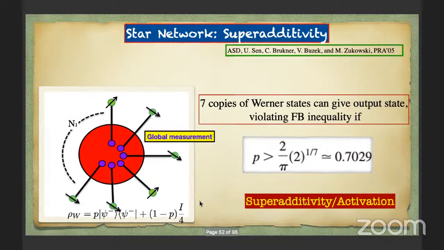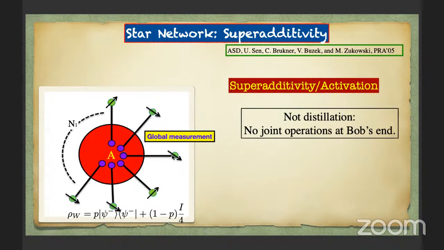This phenomenon we call superadditivity, or activation, in this paper. As I said, this is different than a distillation protocol because here the joint operation is done by one of the nodes, or one of the parties, like Alice. Bob doesn't do any measurements. Bob only performs measurements to collect the statistics for obtaining violation of Bell inequality after this global measurement.